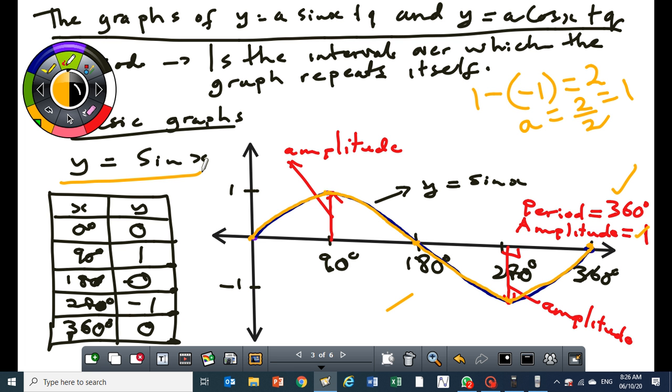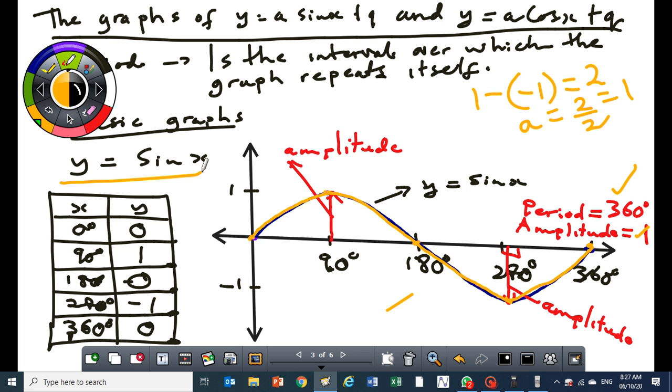Now I need to move on to the cosine graph. The cosine graph has a relationship with the sine graph. In actual fact, the cosine graph is the sine graph after shifting the sine graph to the left by 90 degrees.